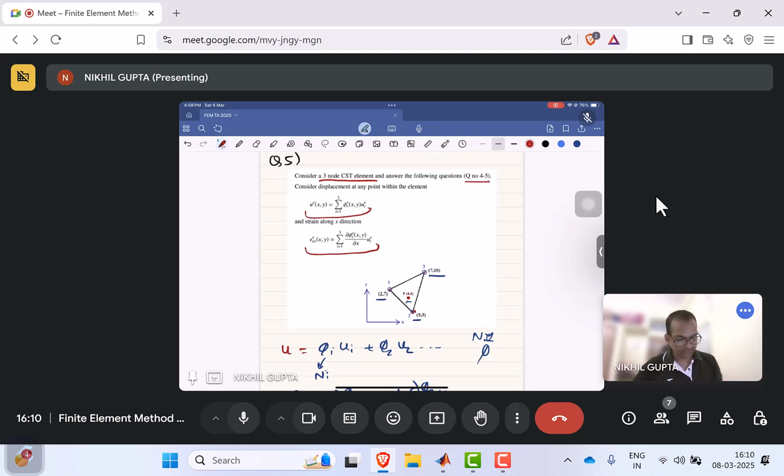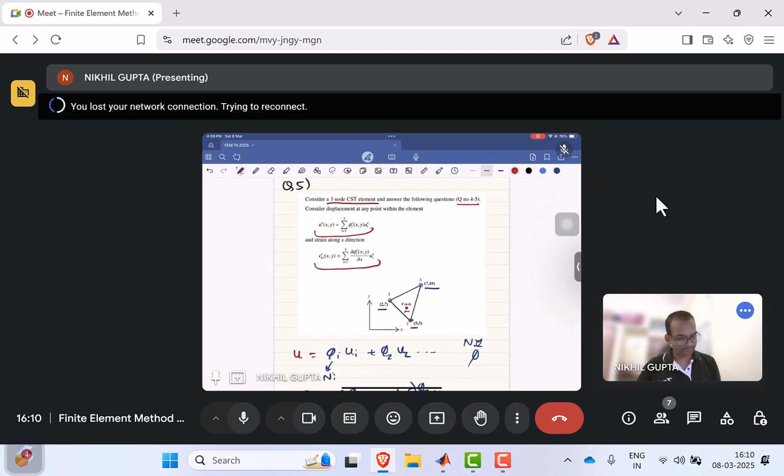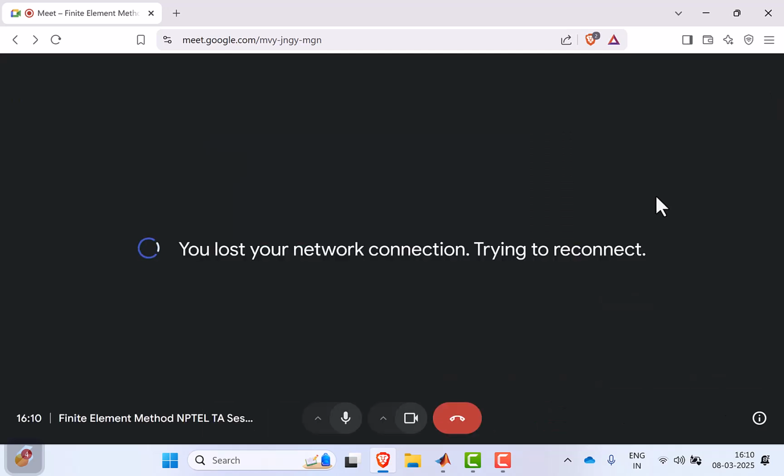So the shape function acts as the interpolation function which helps us to get the displacement at any point without it being a node. Okay, so the solution we get is this.